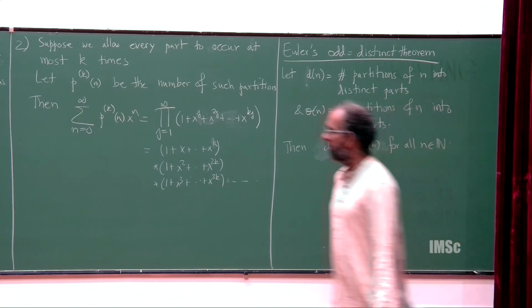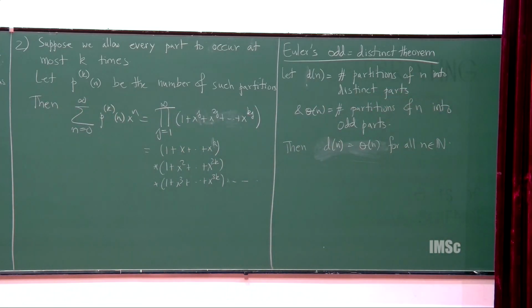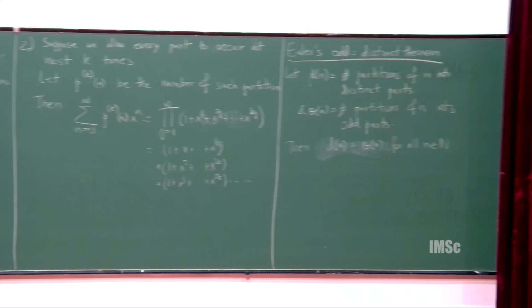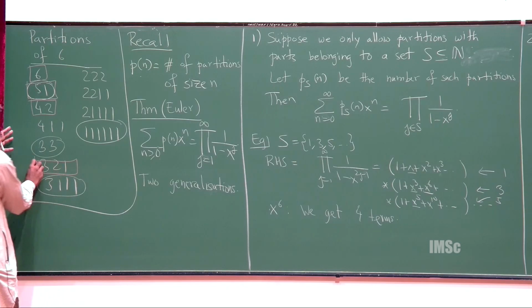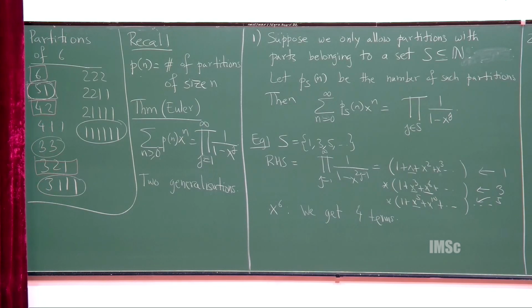So you remember towards the end of yesterday's class we looked at odd partitions, so these are the 4 ones, and the distinct ones are 6, 5 1, 4 2 and 3 2 1, exactly, and these are both 4, right.